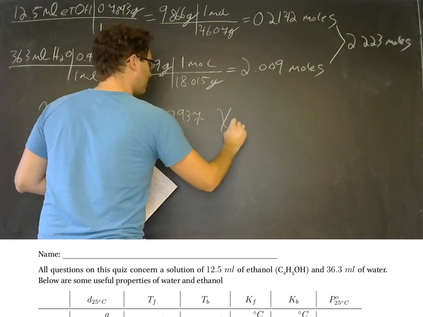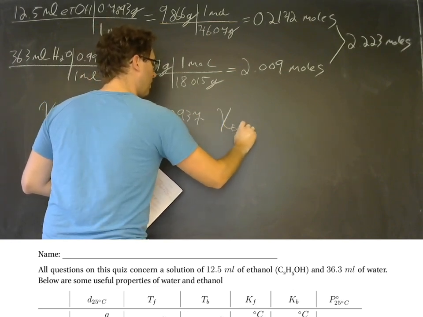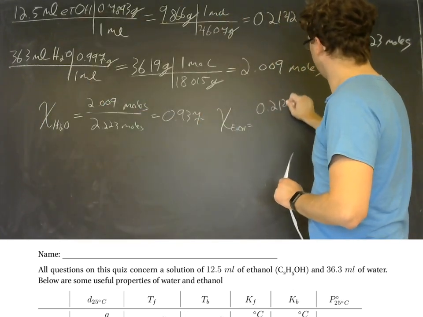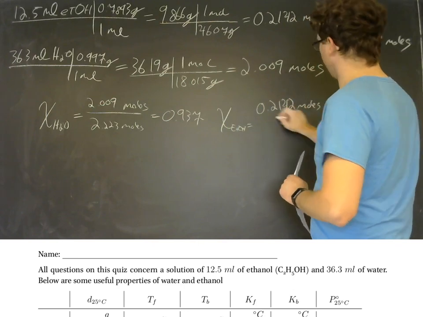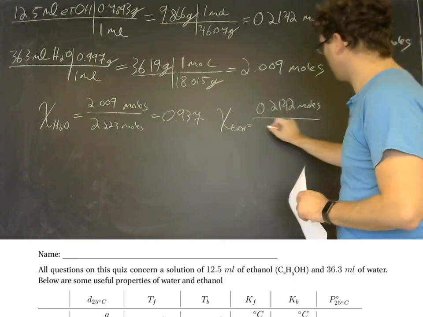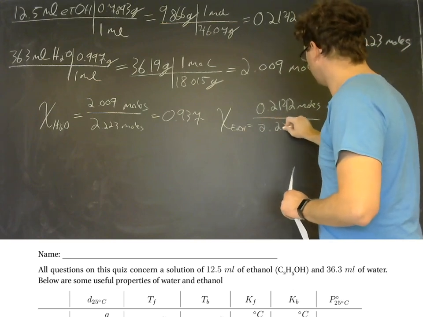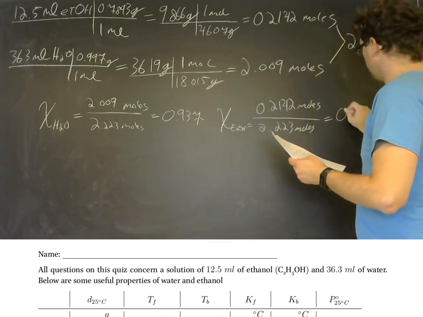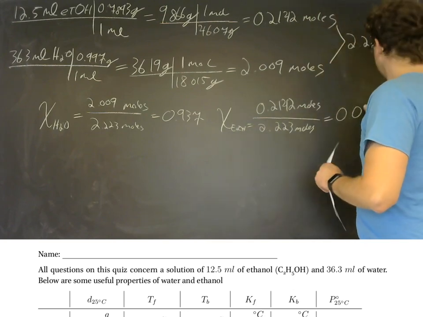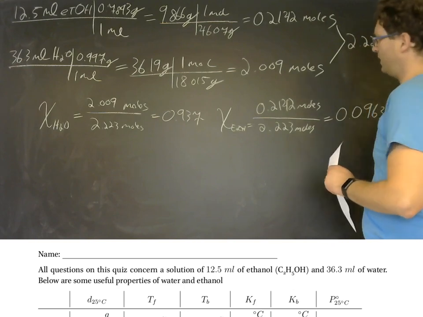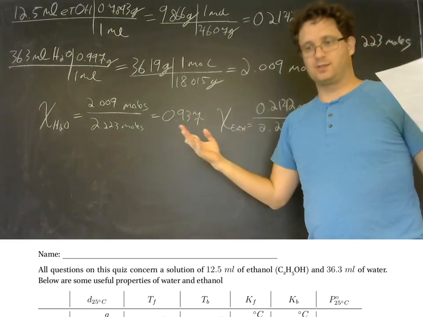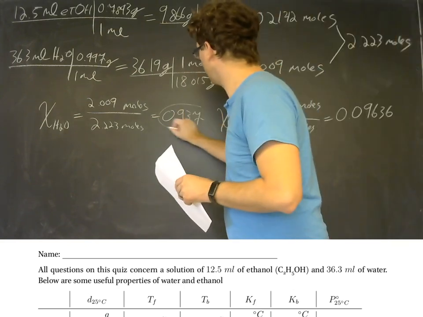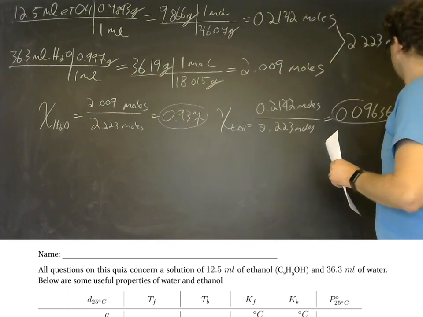And the mole fraction of ethanol is going to be 0.2142 moles of ethanol over that total of 2.223 moles, which is going to be 0.09636. These two numbers add up to 1, at least within the correct number of sig figs. So these are our compositions in the liquid phase.